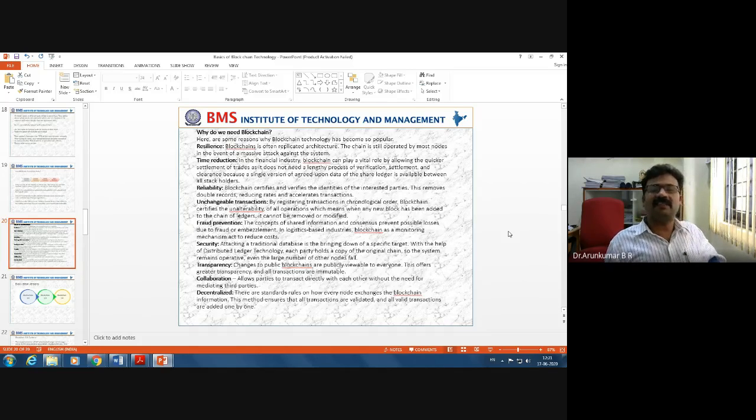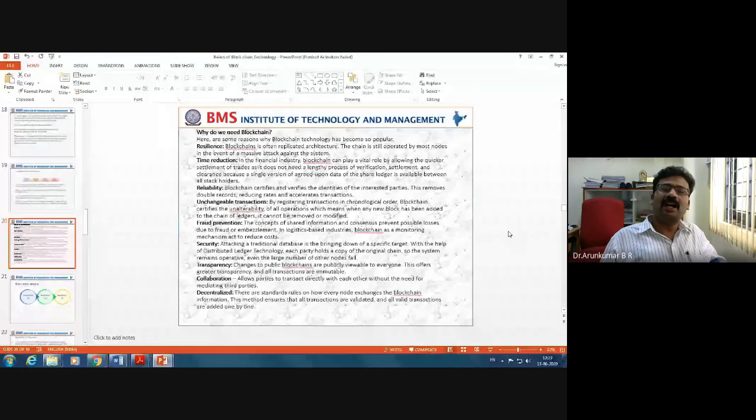Reliability. Blockchain certifies and verifies the identities of the interested parties. This removes double records, reduces rates, and accelerates transactions. Unchangeable transactions. By registering transactions in chronological order, blockchain certifies that unalterability exists.